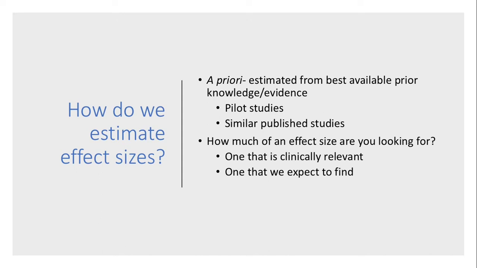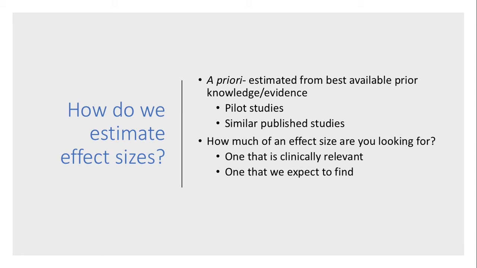And how do we estimate effect sizes? Well, many times this is a priori, meaning we're doing this before we're collecting our data. And we do this by estimating it from the best available prior knowledge and evidence. Sometimes we may conduct pilot studies. Investigators may do this.